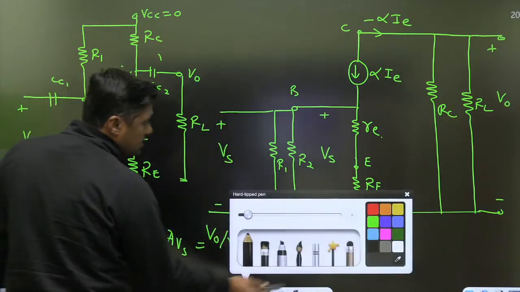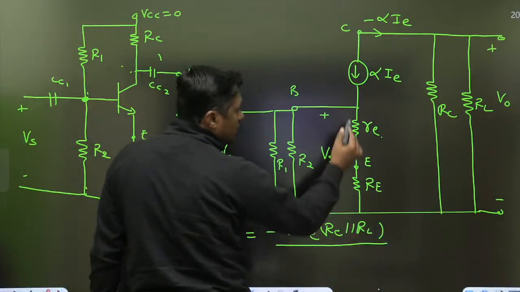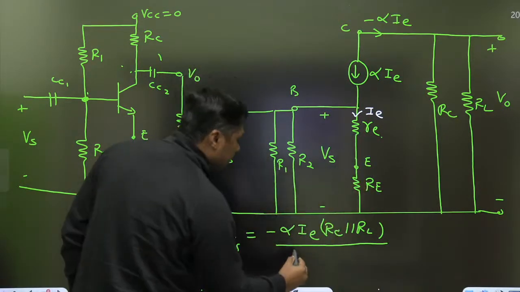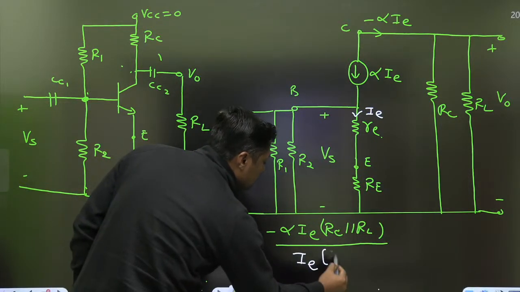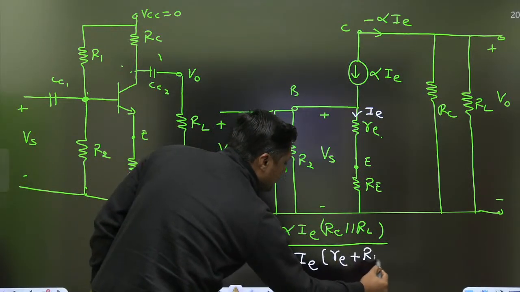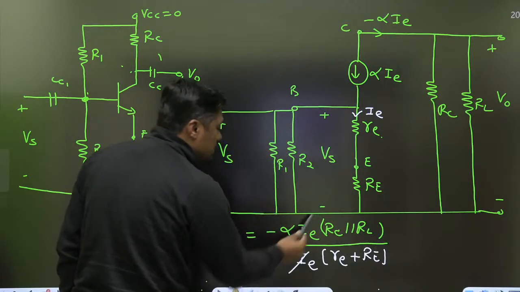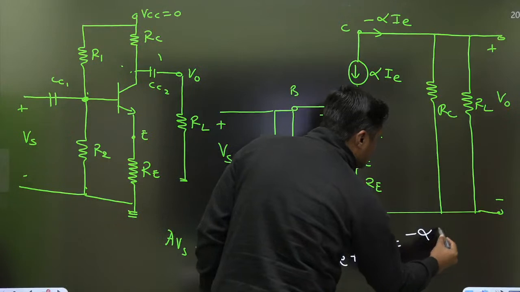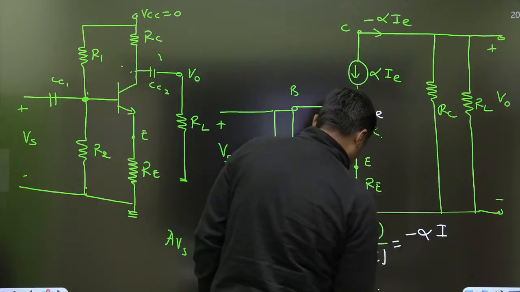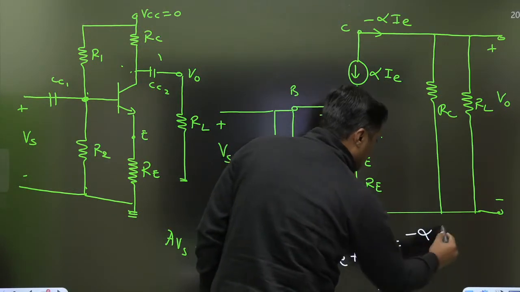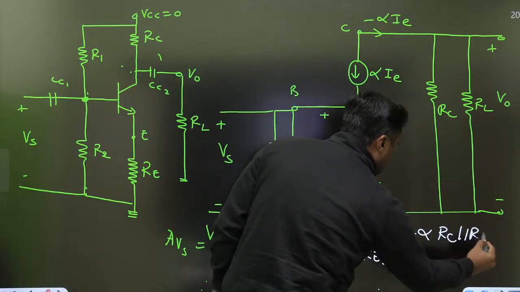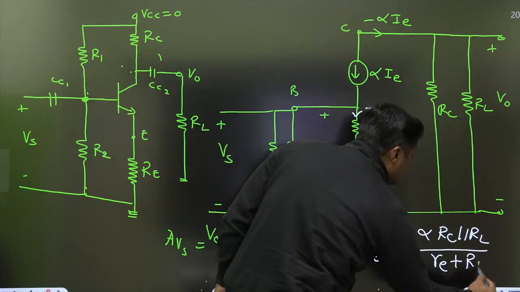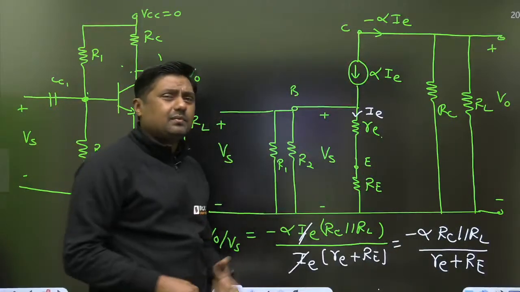So what is the Vs here? This current is I, so I into small re plus capital Re. This is finished. What is the answer? Minus alpha RC parallel with RL upon small re plus capital Re. That is the exact answer for this question directly.